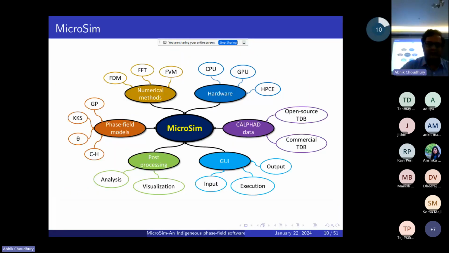Okay, so essentially this is what we have tried to attain through the construction of MicroSim. So if you look at it, the first aim was to solve the classical phase field problem using different discretization techniques. Okay, if you look in the literature, most PDE solvers are finite element based. Okay, and if you look at the phase field solvers in literature, also we have PRISMS, MOOSE.